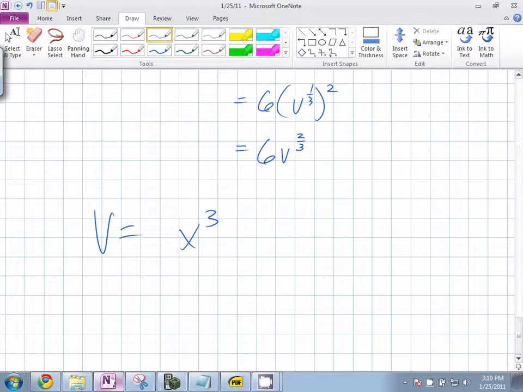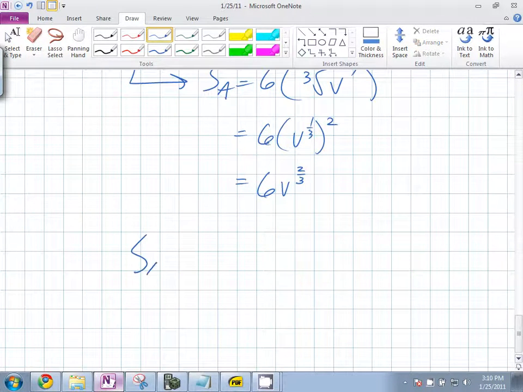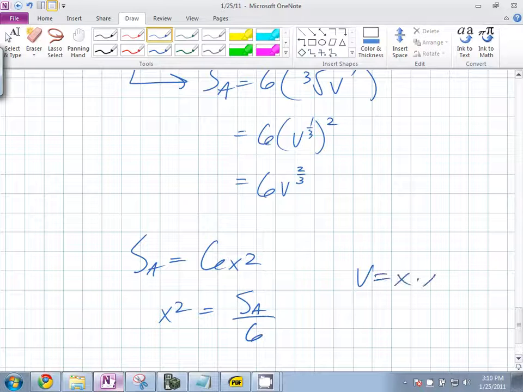So you know that surface area is equal to 6x squared. So x squared is equal to surface area over 6. And then you also knew that v equals x times x times x, which is x squared times x. So you took this and plugged it in right there.